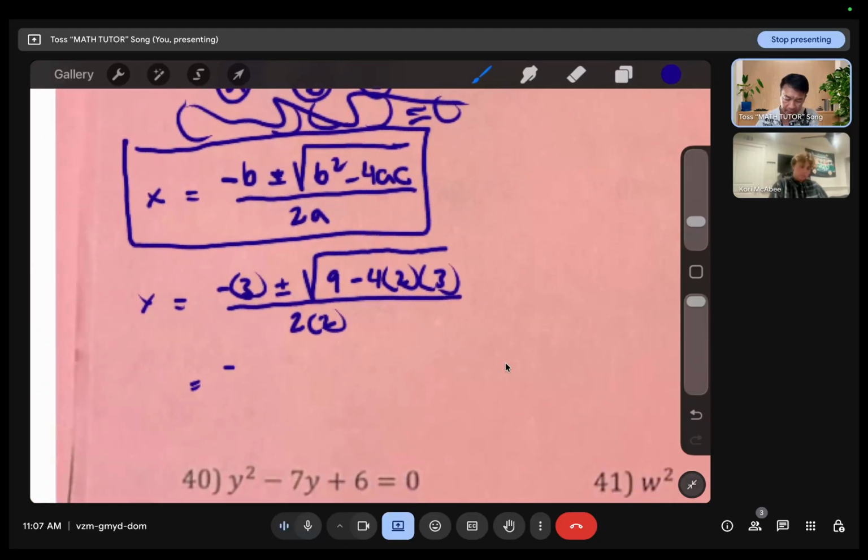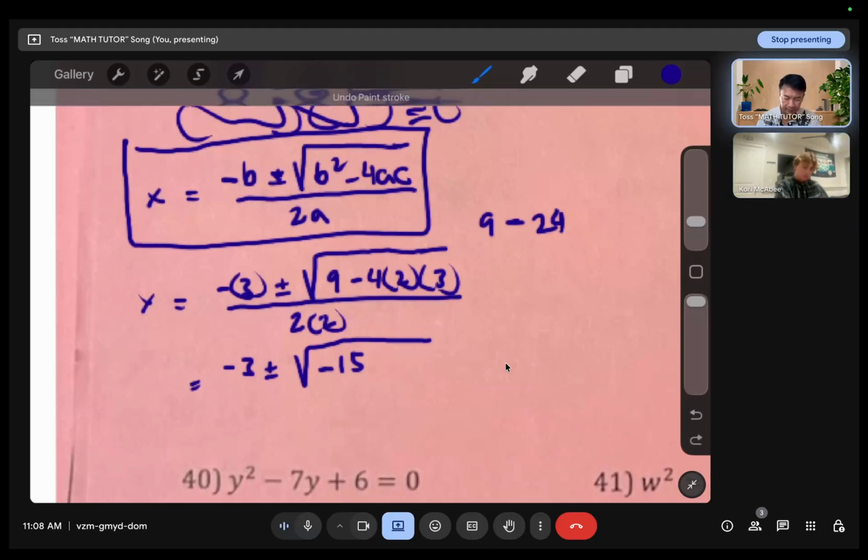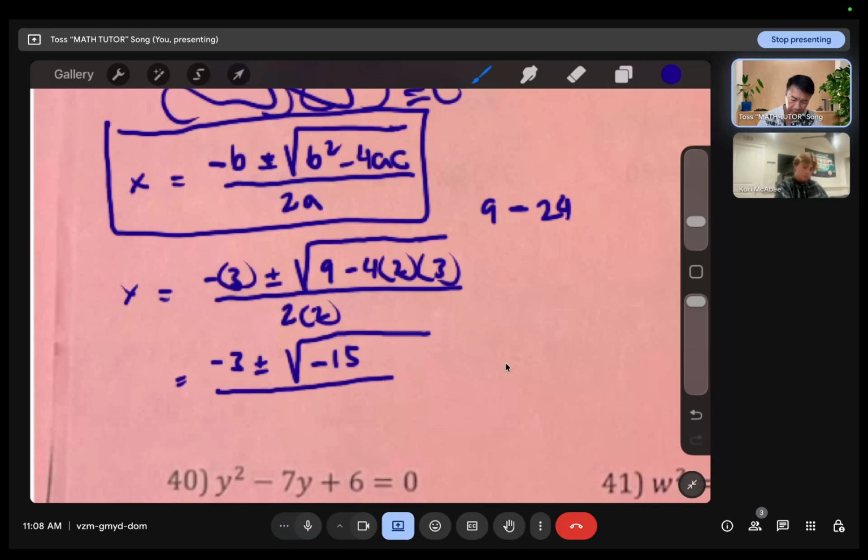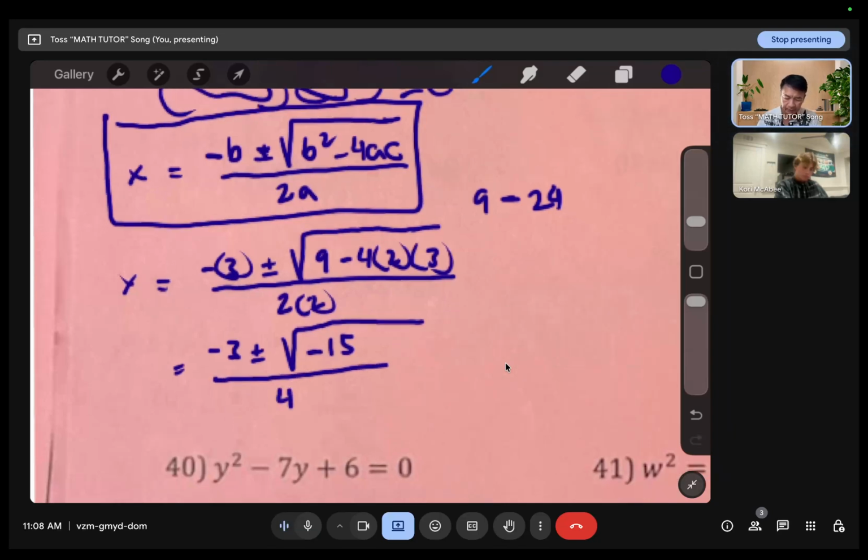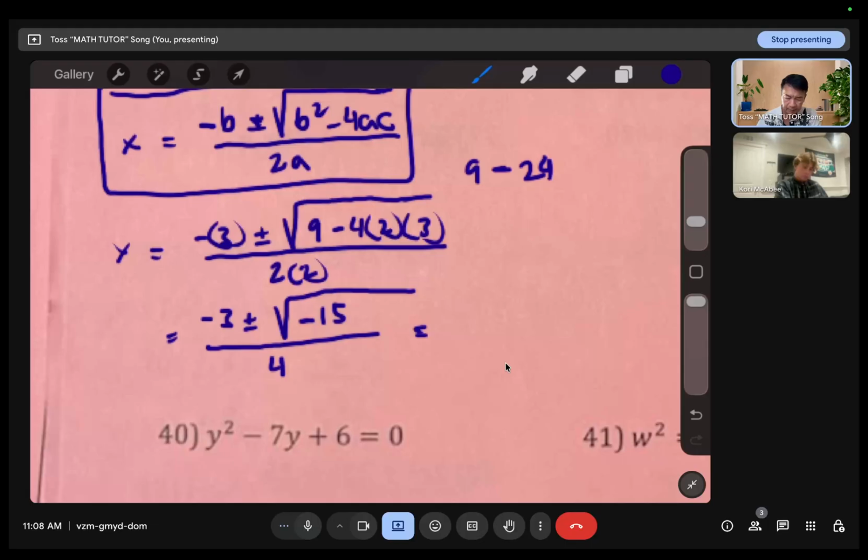So you're left with -3 plus or minus, inside the root, 9 minus, what is that? 8 times 3, 24. Is that right? Double check. Yeah. Or 4 times 3 is 12 times 2. Yeah, it's 24. And then you get a negative, what is that? 15. Yeah, -15. Is that okay? Inside the root. Then the denominator is 4. Okay, continue here.